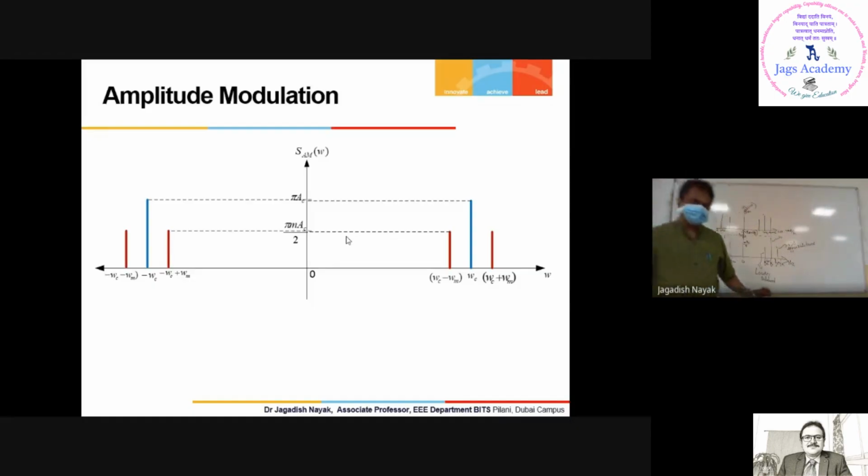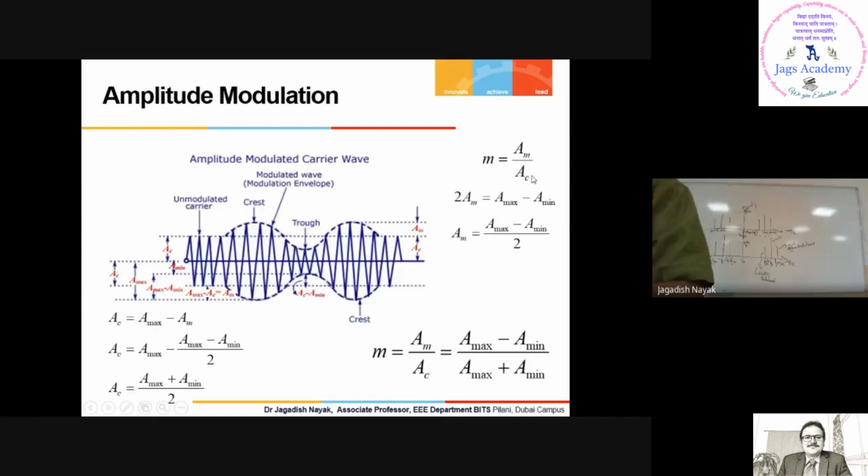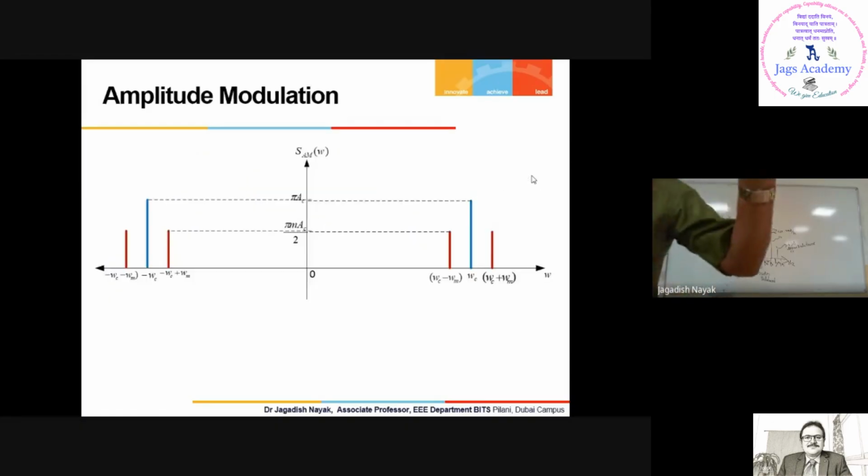Is it fine? Okay. Now, let us try to do it in Simulink. Before that, I'd like to do one small thing. See, this is okay for you, right? Spectrum is very important.